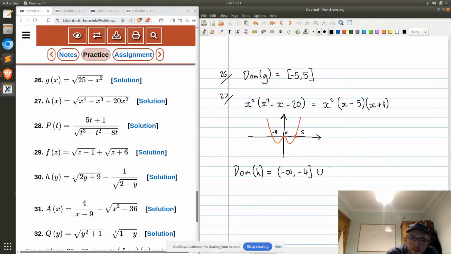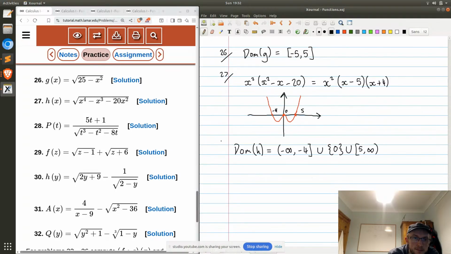Then also stick in the single point 0. And then 5 and higher. I think so.